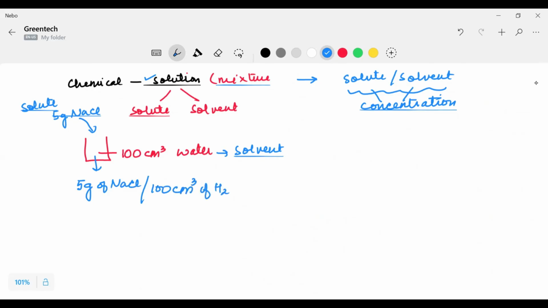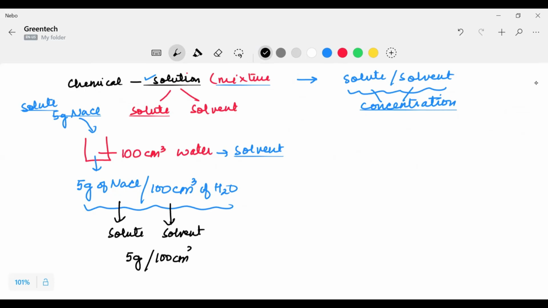So altogether, this is known as concentration, where I'm talking about the solute and the solvent as well, specifically. I hope I'm clear. So solute against how much solute is dissolved in how much solvent, that makes concentration. So we can say that 5 grams per 100 cm cube of water is my NaCl aqueous solution.